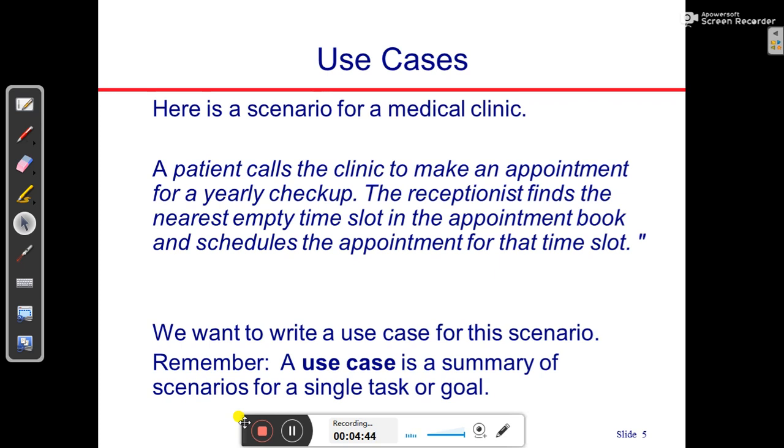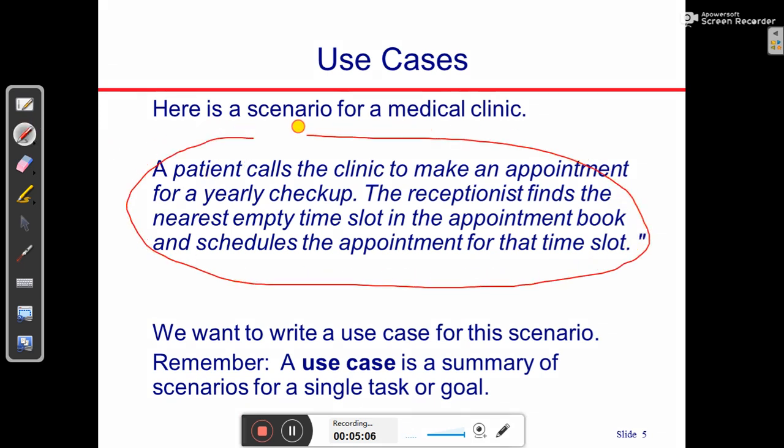Remember, a use case is a summary of scenarios for a single task or goal. So in a use case, there should not be multiple goals. A use case is a summary of the scenario. Here, in this scenario, the ultimate goal is to book an appointment for that patient.